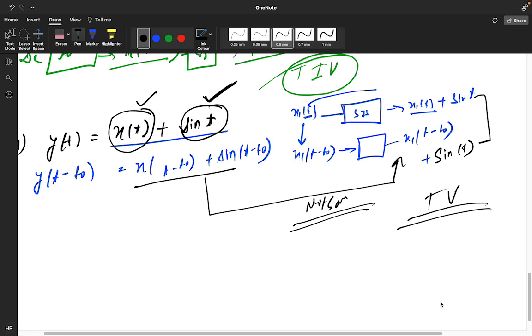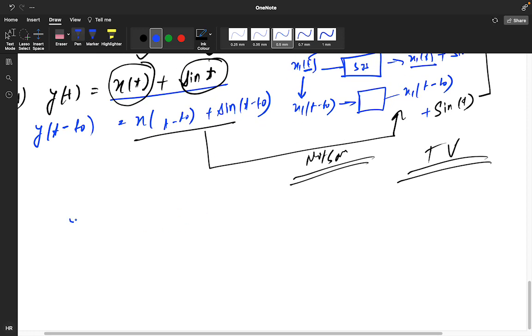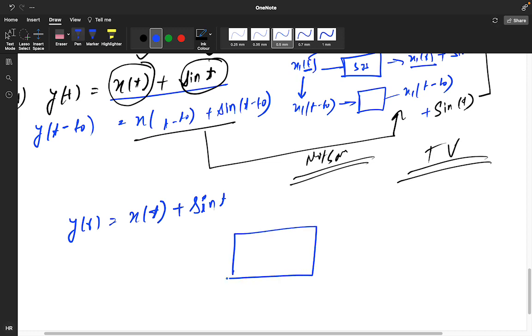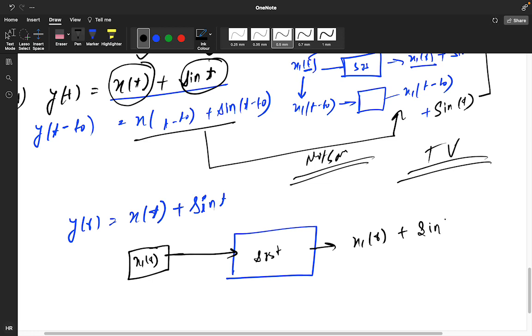See, understand this concept. You have y of t is equal to x of t plus sine t. What is my system? My system is this one. The system takes x1 of t, and it gets added with sine t.